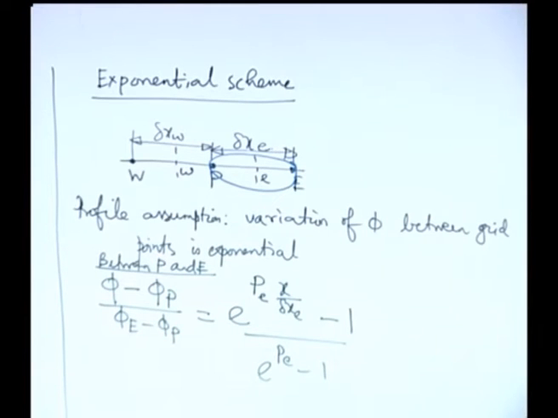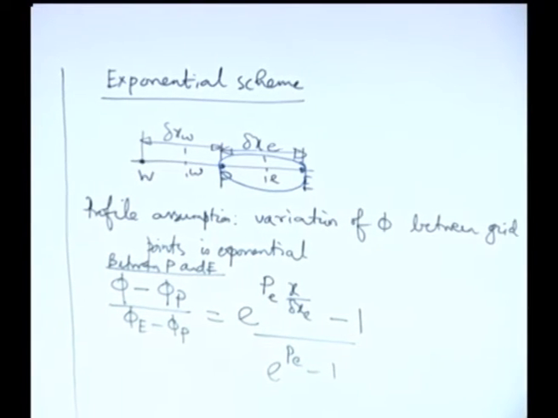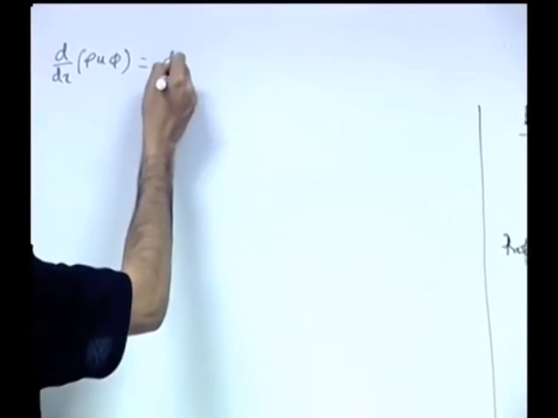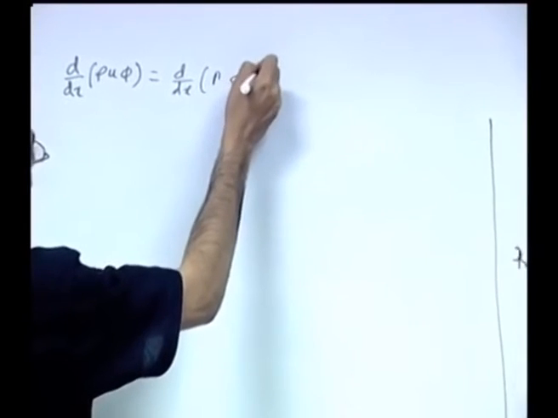So, what is our governing equation? d dx of rho u phi is equal to d dx of gamma d phi dx.